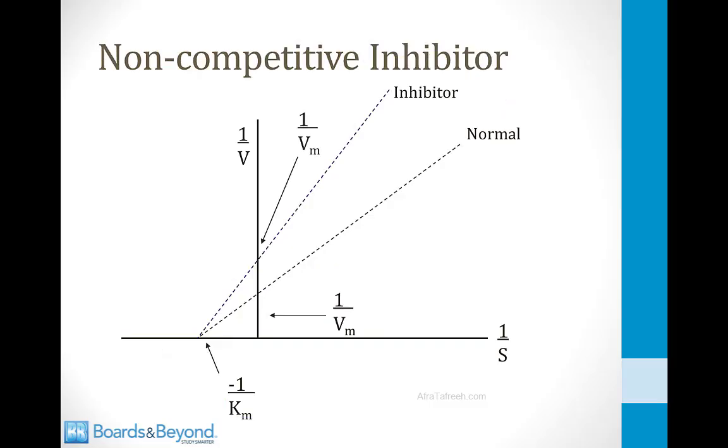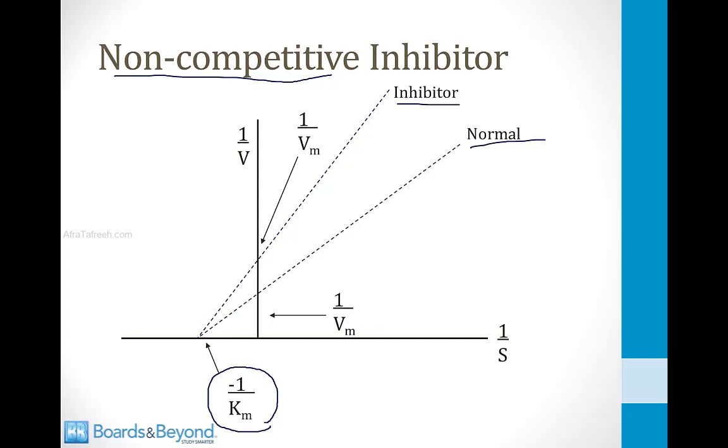Now let's talk about what happens to the Lineweaver-Burk plot when you add a non-competitive inhibitor. Once again, it's easy to recognize the inhibited line if you remember which variables stay the same. Km does not change when you add a non-competitive inhibitor. So the point where the two lines cross the x-axis will be the same. -1 over Km will be the same whether you're talking about a normal system or a system with a non-competitive inhibitor.